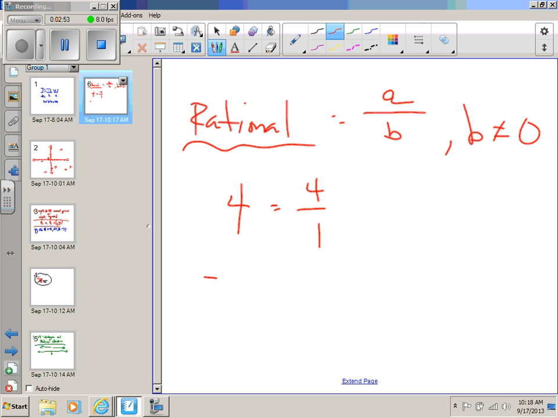How about -16? Can you put that into fraction form? Sure, just put a negative in front of it. Same kind of deal.